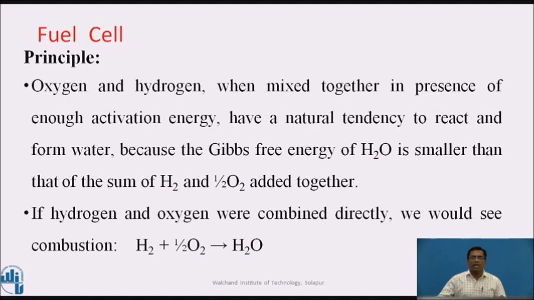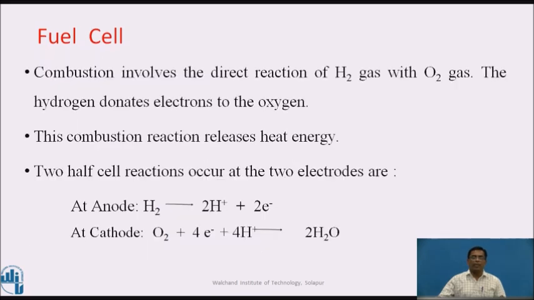If hydrogen and oxygen were combined directly, we would see combustion, that is, hydrogen and half of the oxygen molecule react with each other and form a water molecule. So combustion involves the direct reaction between hydrogen gas and oxygen gas.